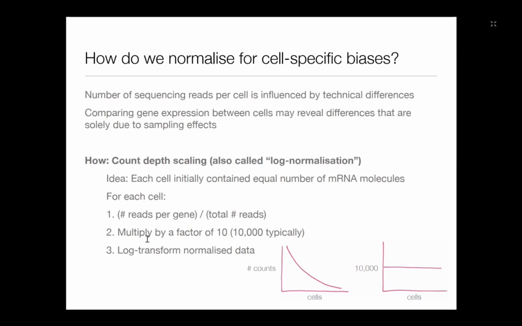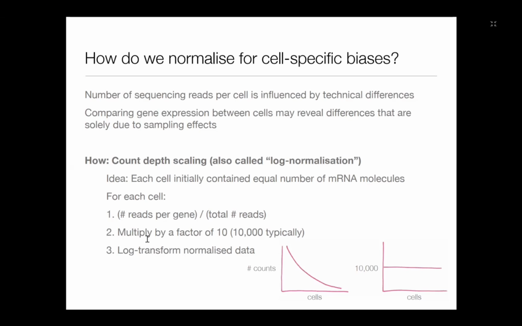There are many different tools or methods out there to do this. And a very simple one is called count depth scaling, or also log normalization. Here, the idea is that each cell initially contained an equal number of mRNA molecules. And that's what we try to reproduce. So for one cell and one gene, we take the number of reads and divide it by the total number of reads in that cell.